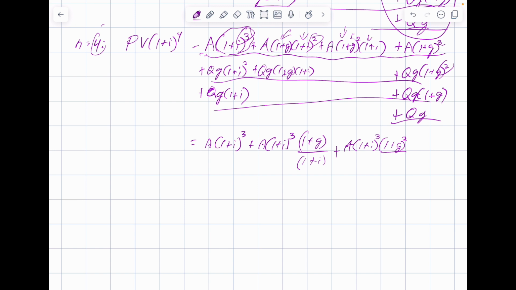And we have 1 plus I here, that divided by 1 plus I to the third that we're taking out, we'll leave 1 plus I squared.